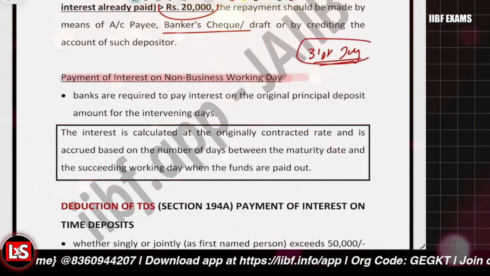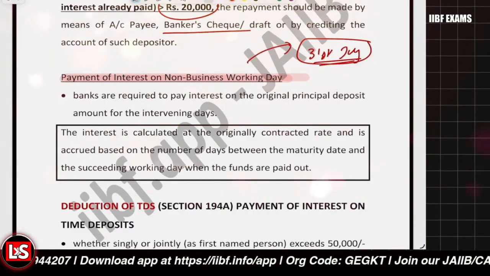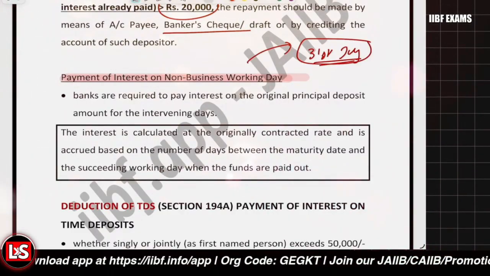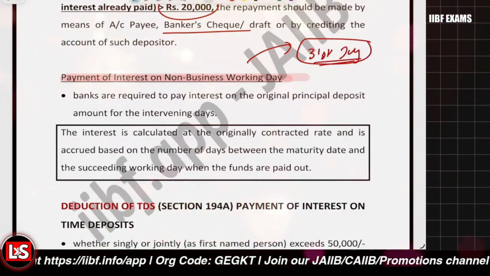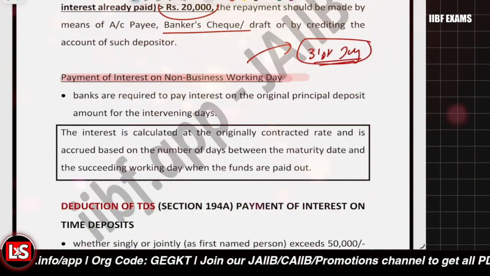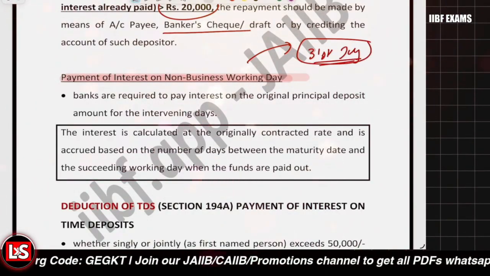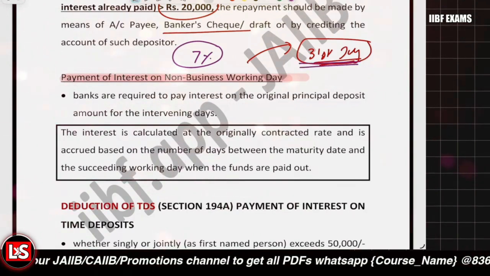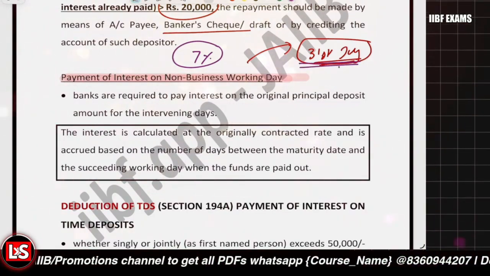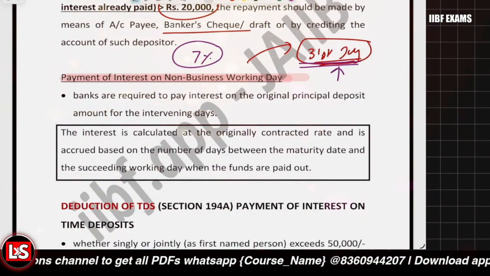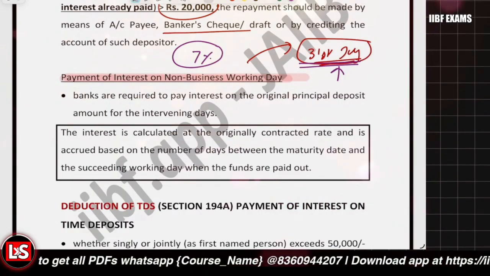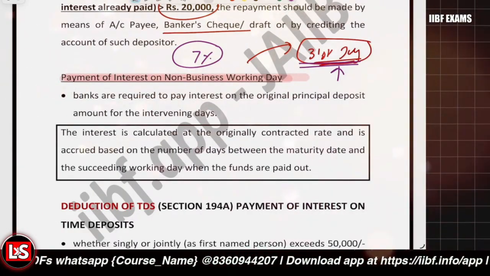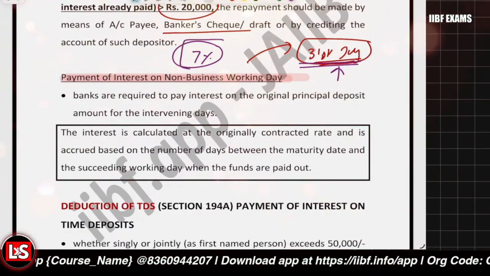Then the interest is to be paid at the original contracted rate. Let's say the interest on the FDR was 7%. Otherwise no interest would be paid after the maturity date, but now, since there is a holiday, the interest will be paid at the contracted rate.